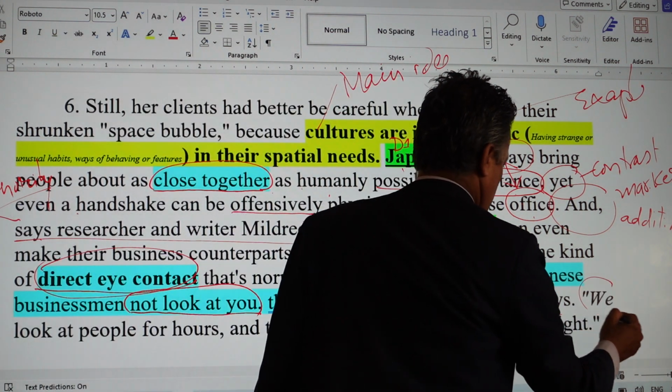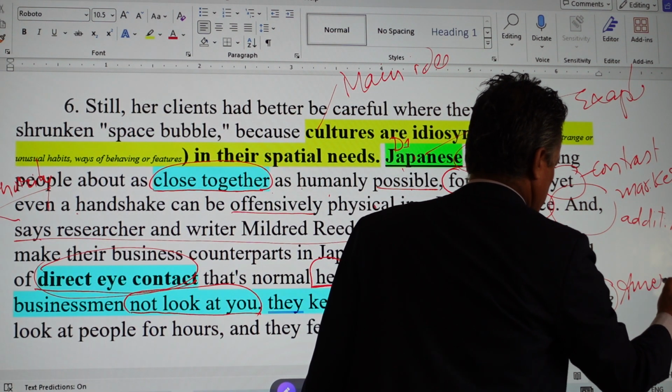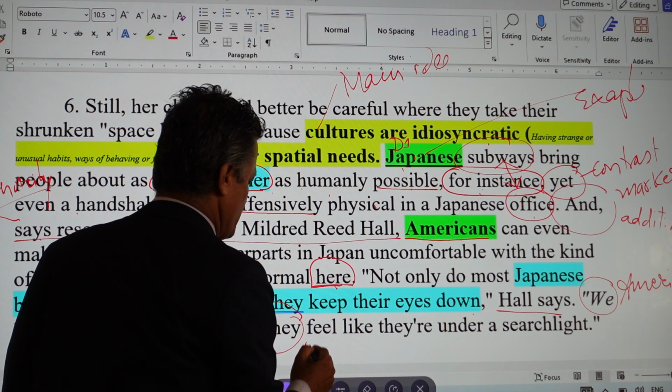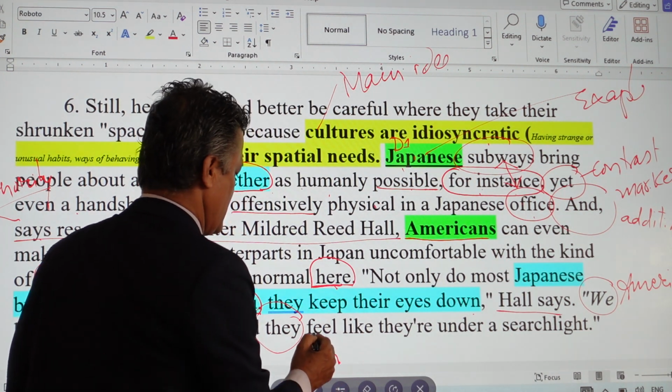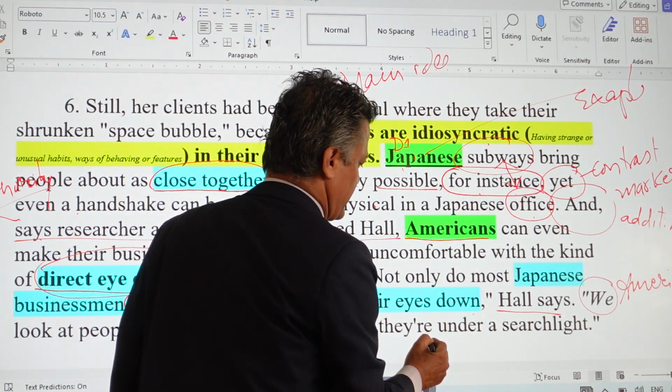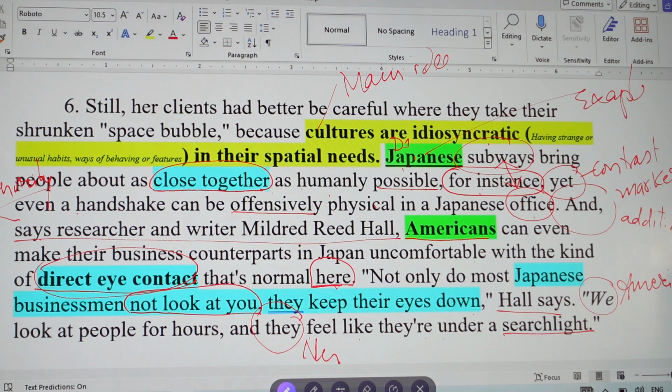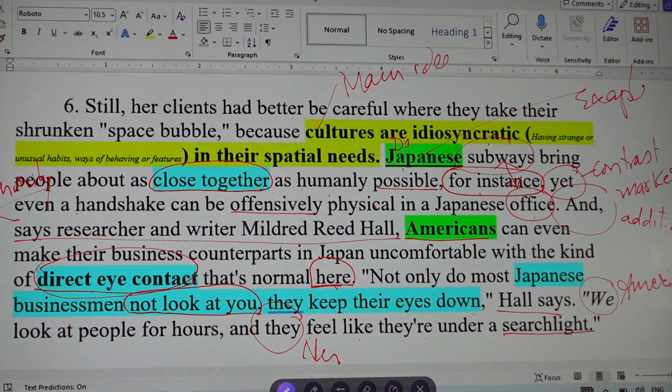We means Americans. And they means non-Americans feel like they are under a searchlight. What is a searchlight? The 1,000-watt light that floods light on your face and you go blind.